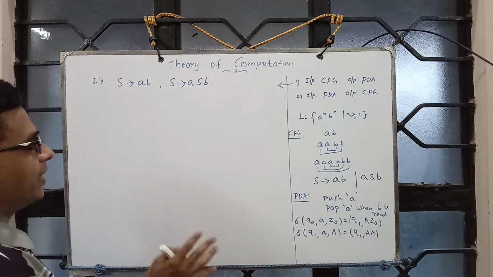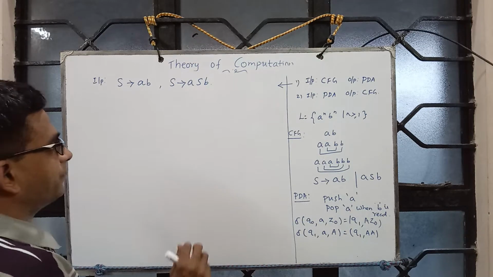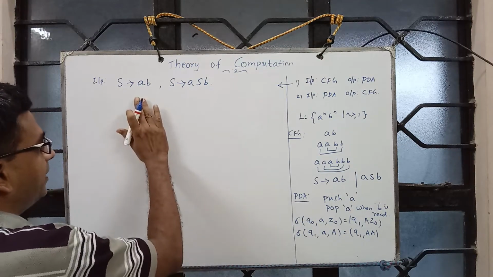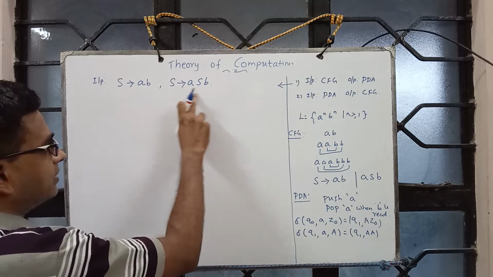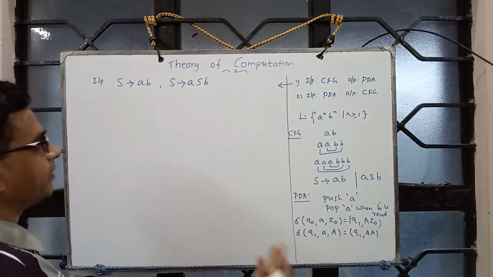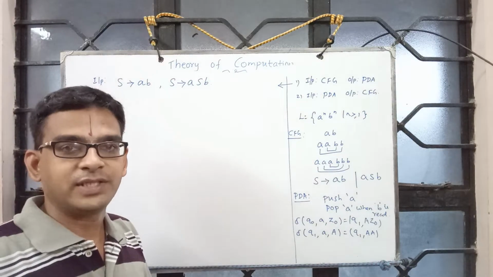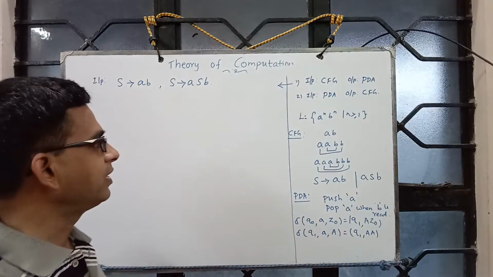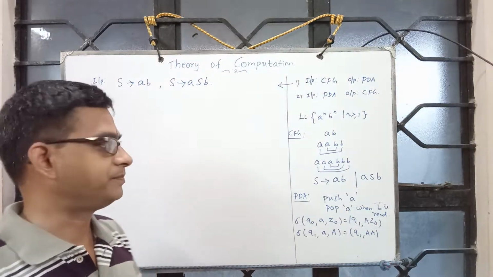So if an arbitrary string is given to us, the way the grammar parses it and the way the equivalent PDA parses it, if they are isomorphic to each other, meaning a one-to-one mapping, then you have actually obtained an equivalent pushdown automaton.